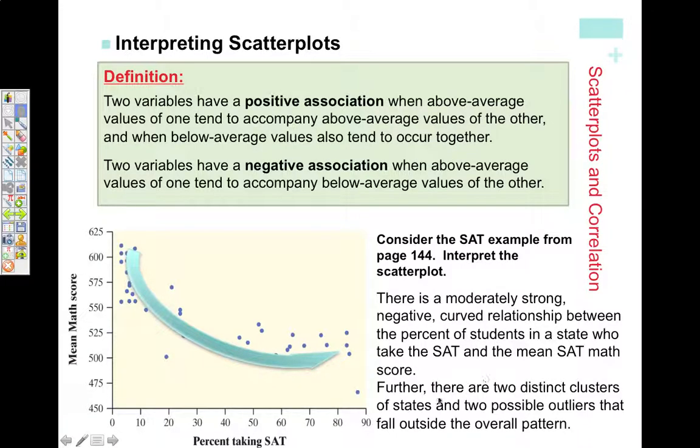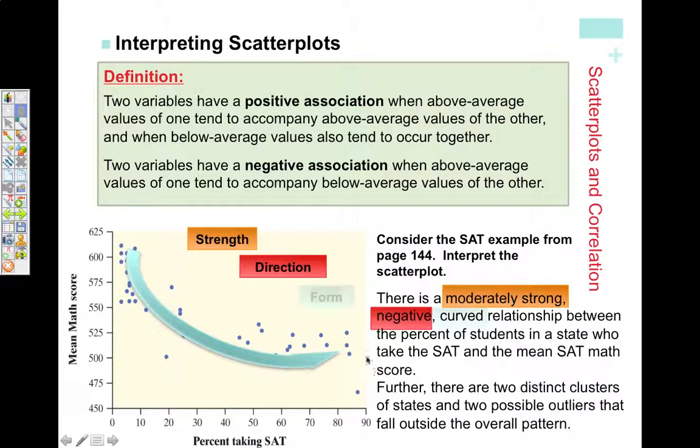Further, we see two distinct clusters of states and two possible outliers that fall outside the overall pattern. These two would be outliers. So again, strength, direction, form. It definitely has a curved shape. It's not really strong, but it's moderately strong. It's negatively trending, negative association, and it's curved.